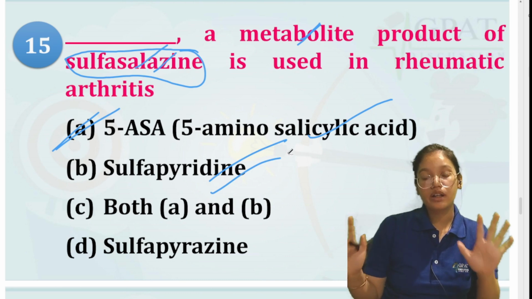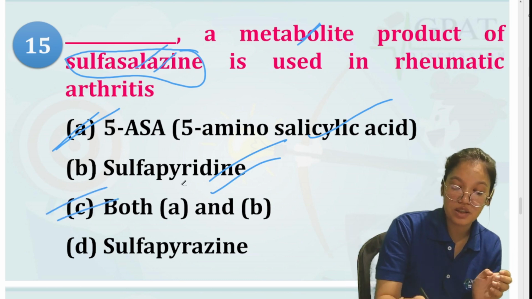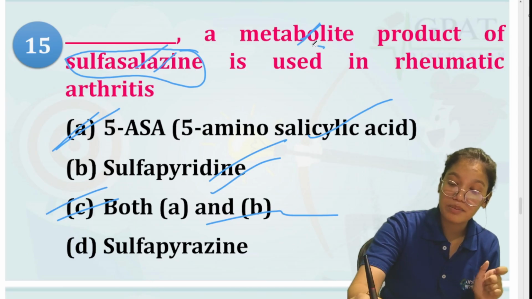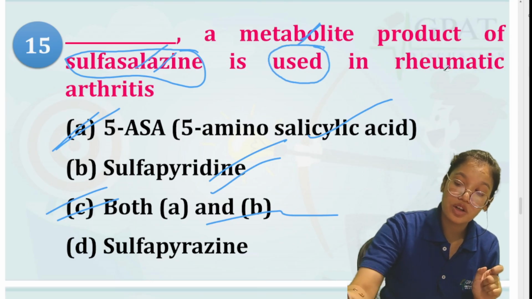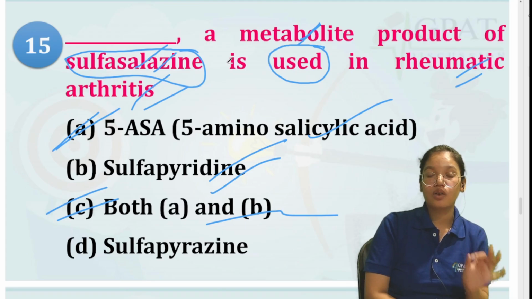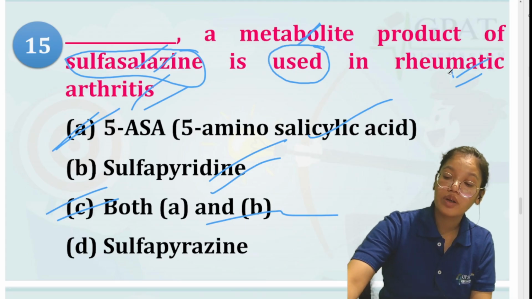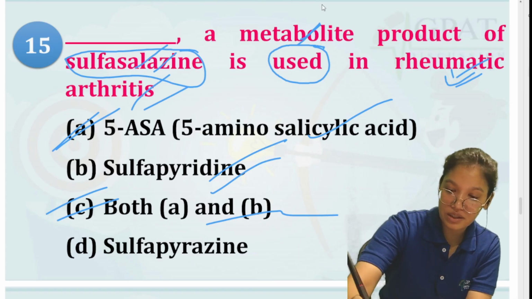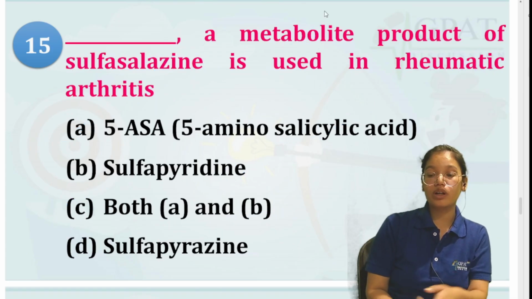Here don't get confused by saying that C is the option, that is A and B, as they have already said that the metabolite is the one used in rheumatoid arthritis, the autoimmune disease, which you all have probably heard about.